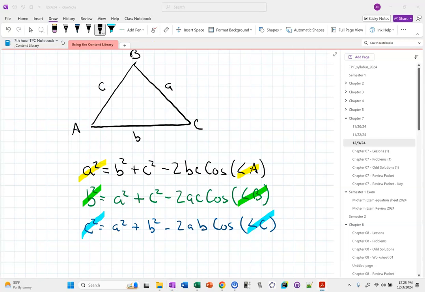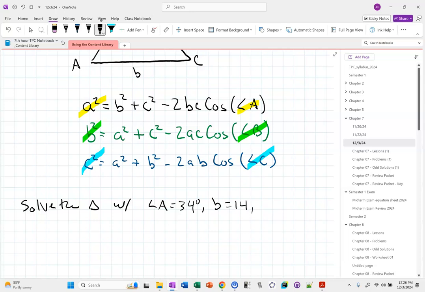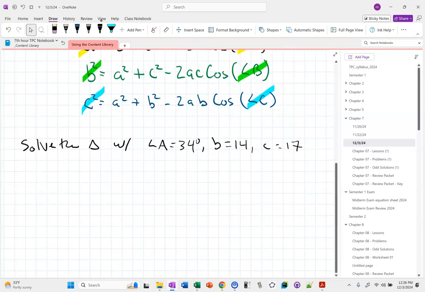So let's do some examples here. So first example, we're going to solve the triangle with angle A equal to 34 degrees, side b equal to 14, and side c equal to 17.